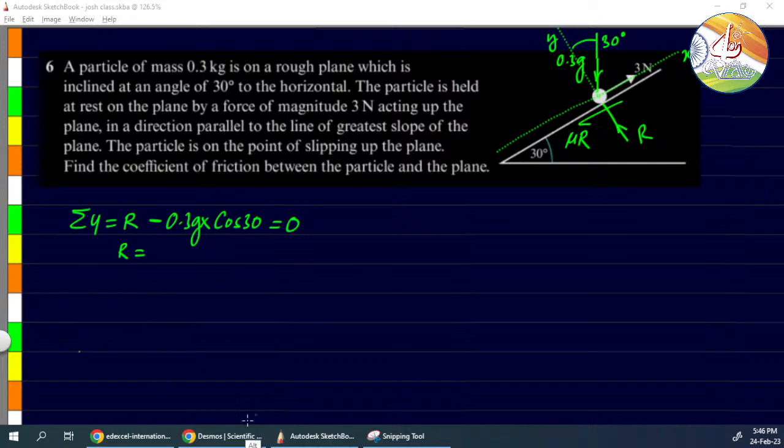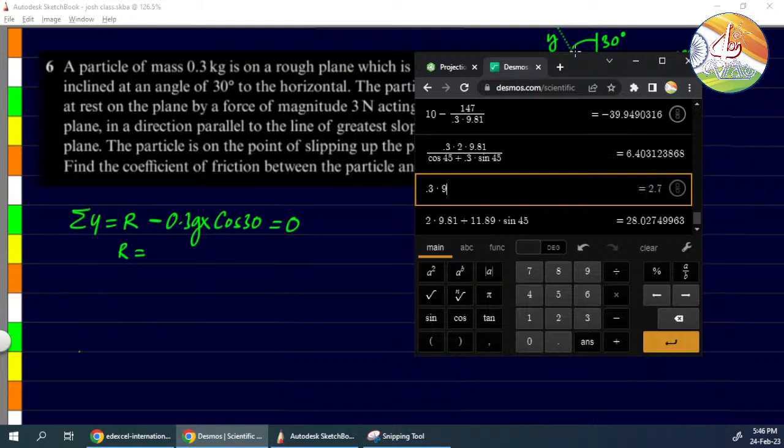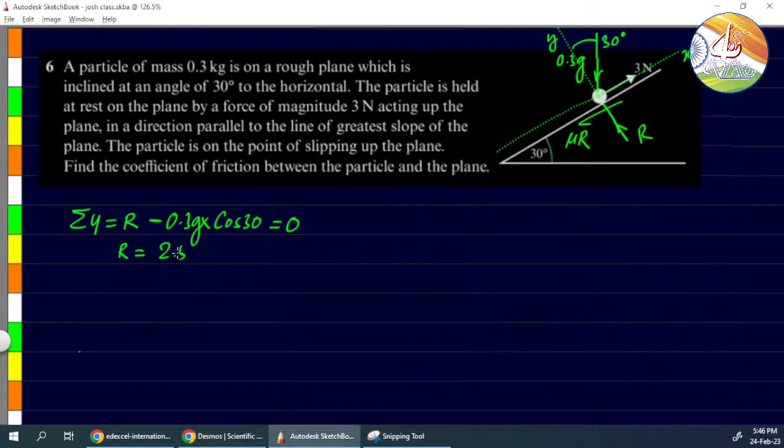What do we get? 0.3 into 9.81 into cos 30, that is 2.55. Is it correct? Yes, this is the value of R in newtons.